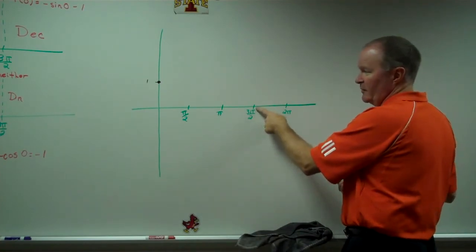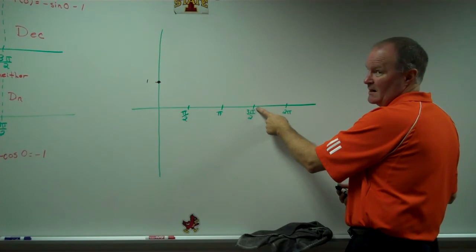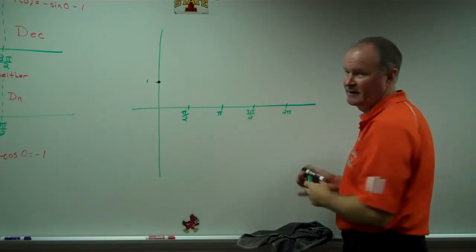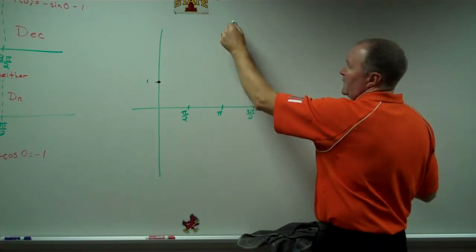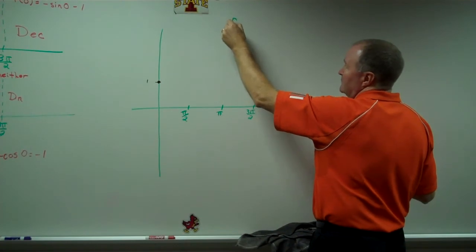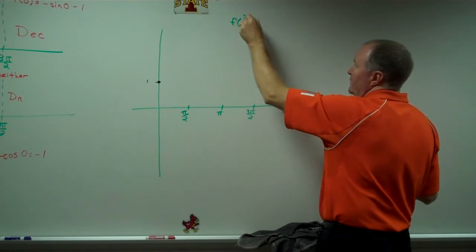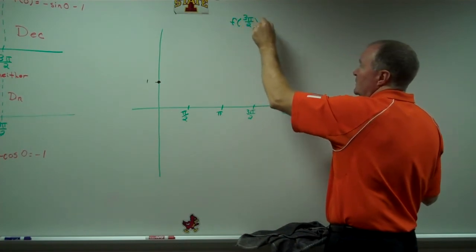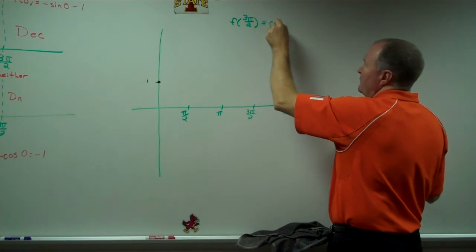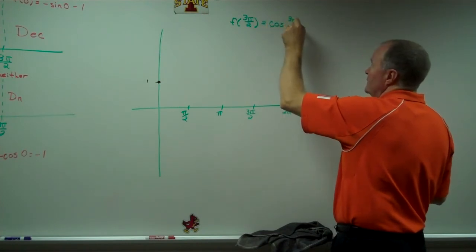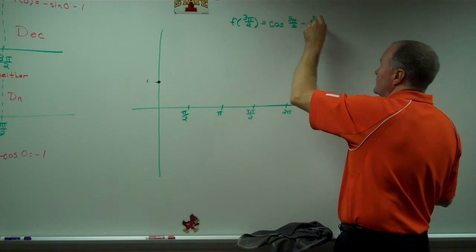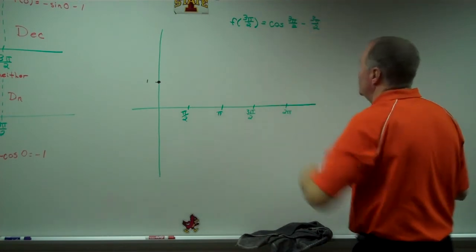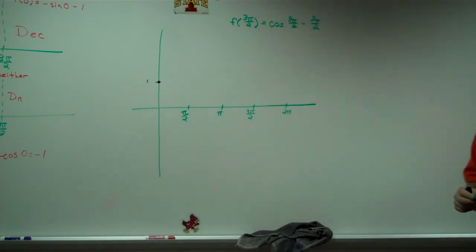So at 3 pi over 2, do I put a dot? I need to find the y-coordinate, right? And go back to the original problem. F of 3 pi over 2: cosine of 3 pi over 2 minus 3 pi over 2. What's the cosine of 3 pi over 2? 0.